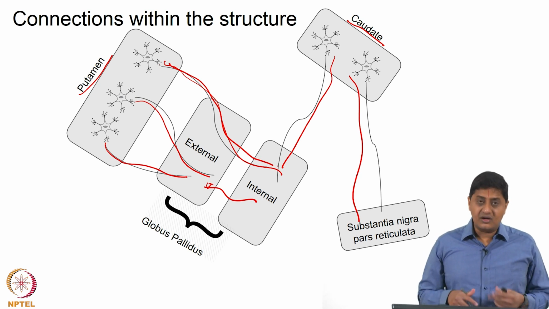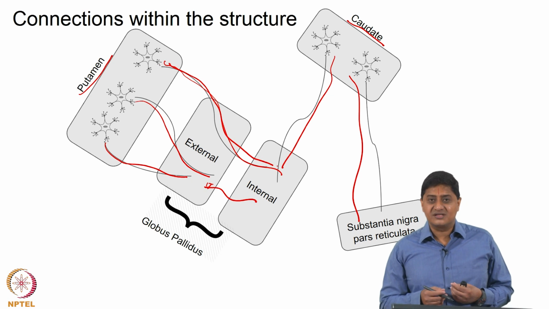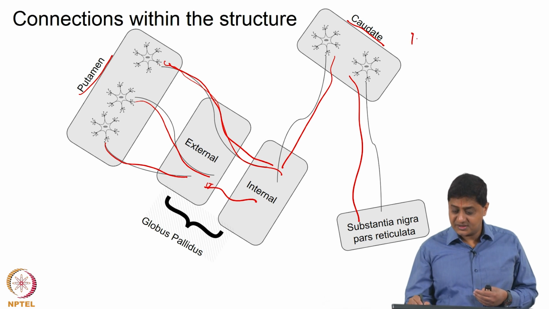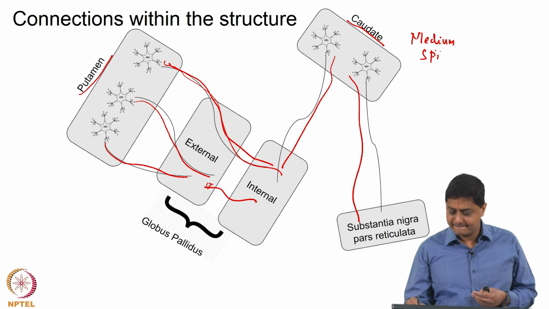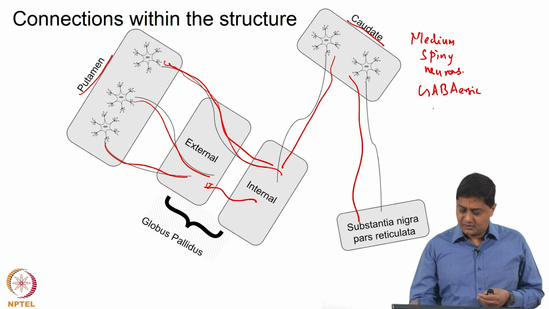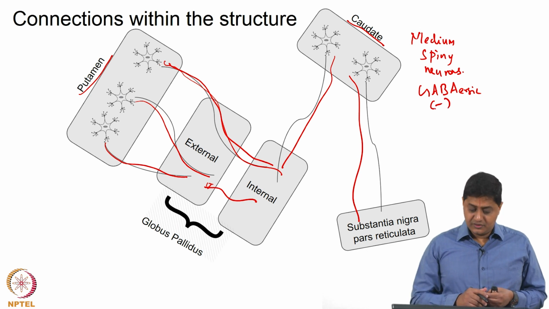Note that caudate and putamen, or the striatum, is composed of very distinct special type of cells called medium spiny neurons, which are GABAergic, so inhibitory neurons, that output to the globus pallidus, right.